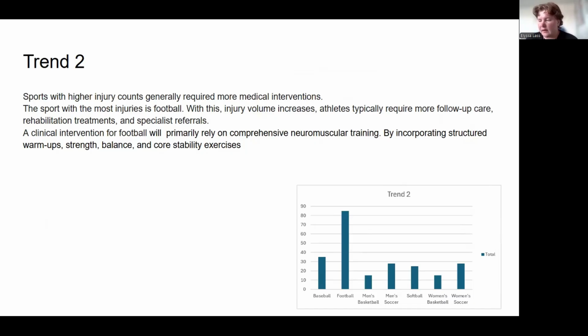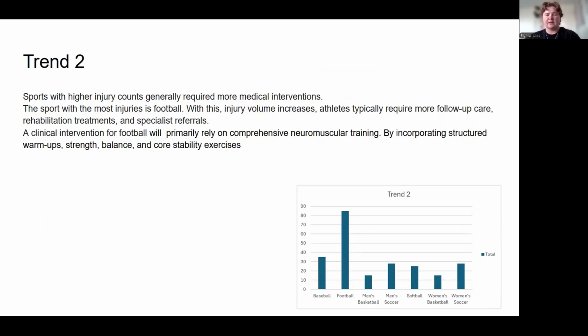One data gap that I do want to note that I couldn't find too much on in this data set was long-term injury rates and recurrence. Based on some of these sports that have a lot of injuries in any way, shape, or form, how that looks over a more long-term period of time.